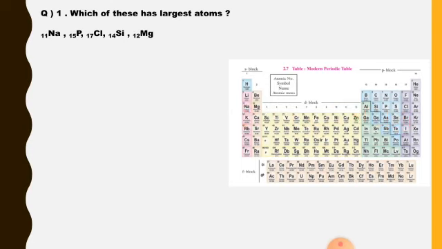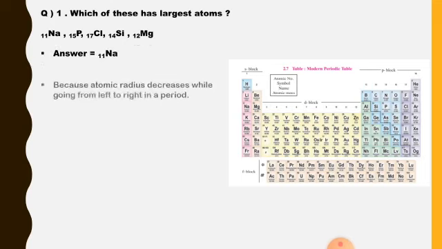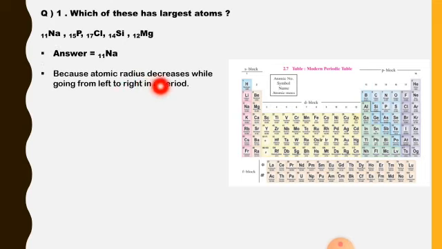Okay, so what I have told you is that atomic radius decreases while going from left to right in a period. So when we go left to right, what happens? Atomic radius decreases. So the first element has the maximum atomic radius, which means it has the largest atoms.